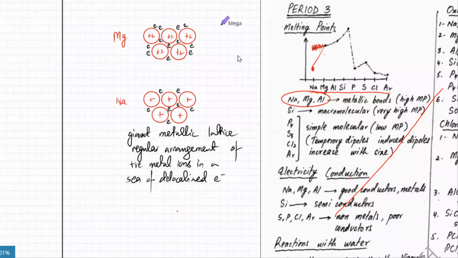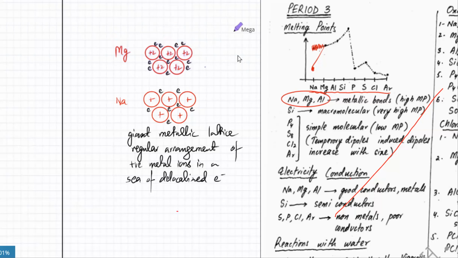And the other thing is that it's going to be slightly smaller as well. You can remember across the period what happens, that the size of the atom or ion decreases because magnesium has more protons. So it attracts those electrons more strongly. So that is what the metallic lattice of magnesium would look like. Is this clear? Yes, sir.